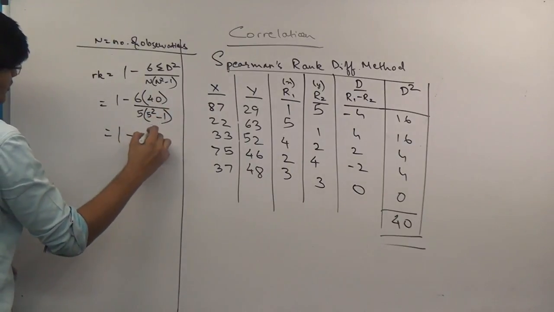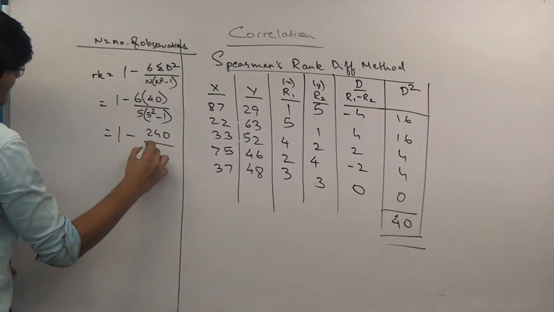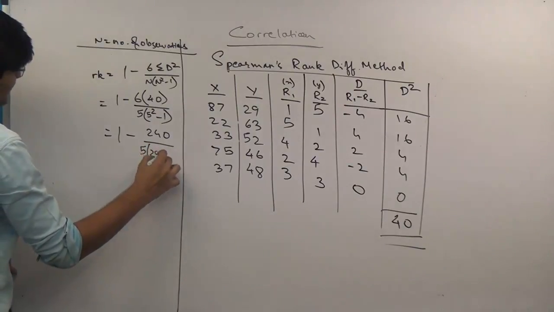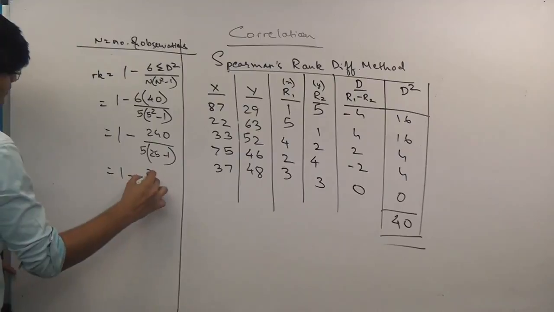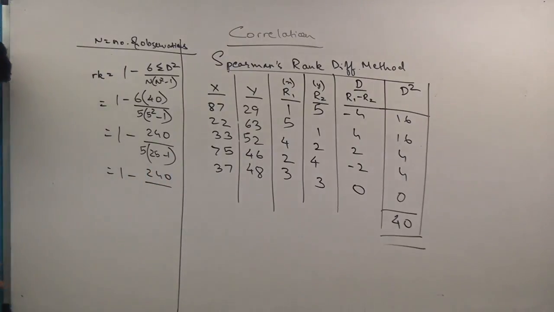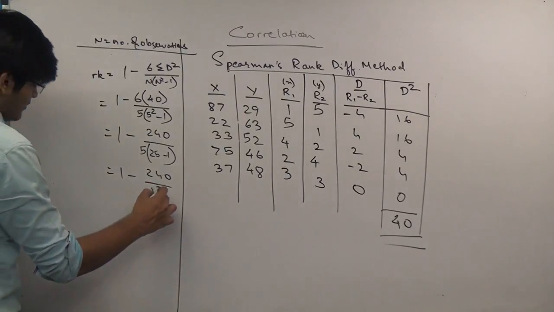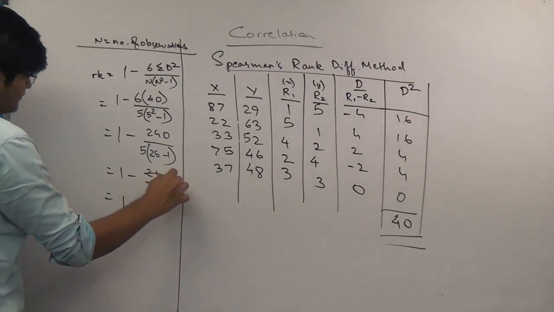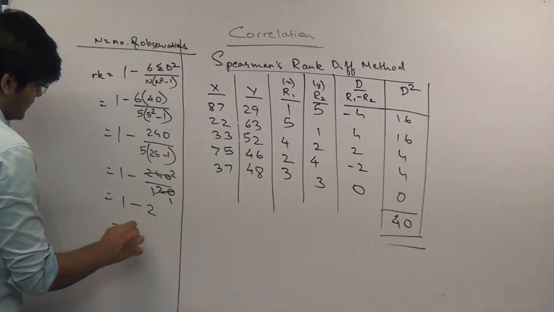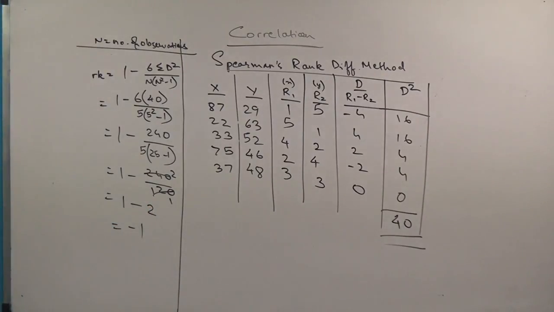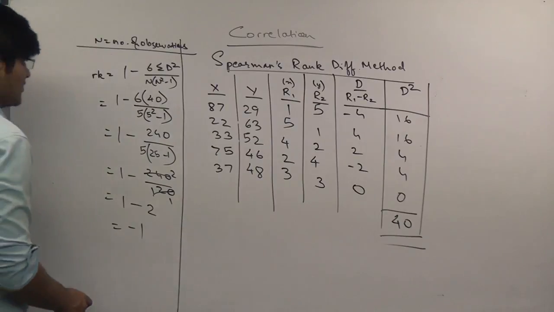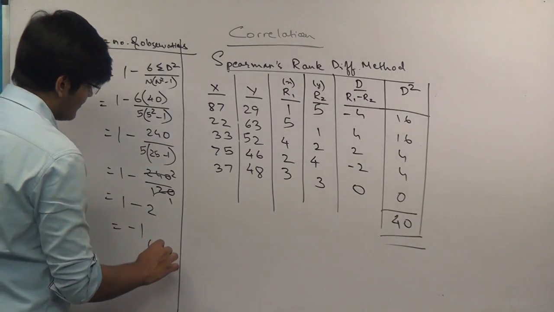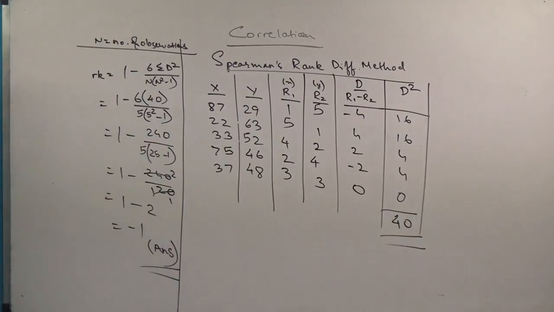So we get 240 divided by 5, 25 minus 1. Multiply 24 into 5. Pretty easy. Answer will be minus 1. So this is negative correlation.